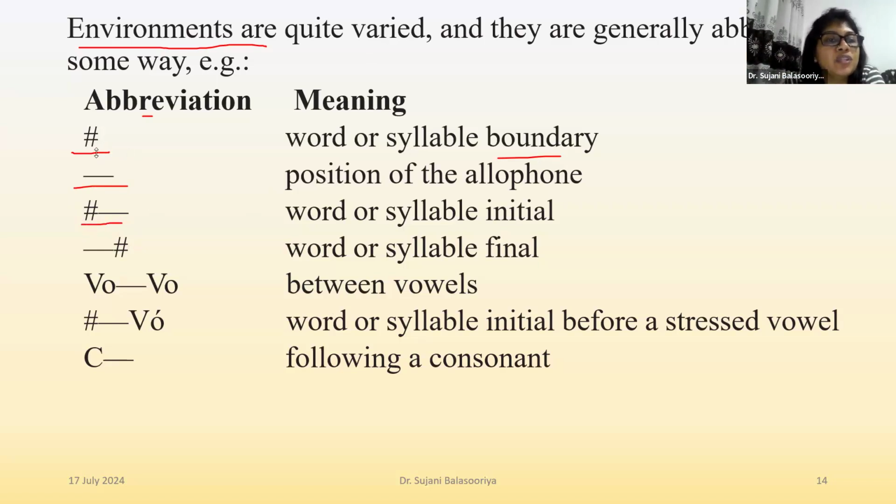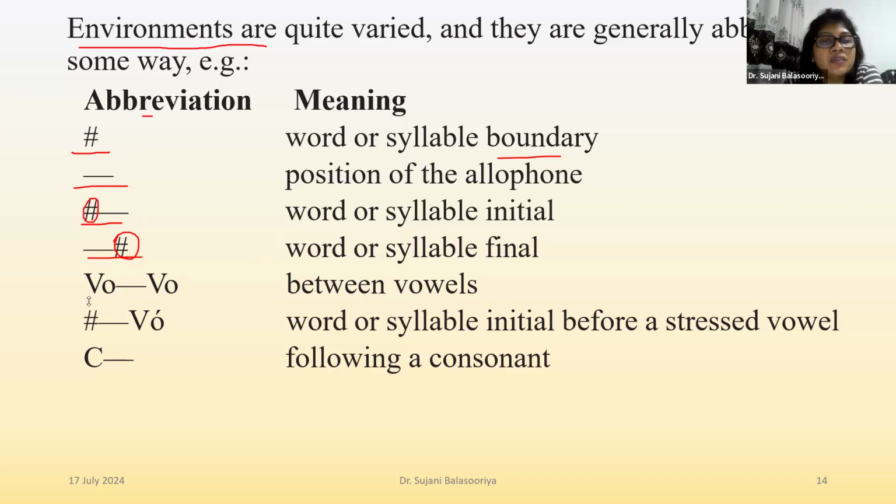If the boundary symbol is preceded by this single line, it means the word or syllable final position, because the boundary marks the end. And this is the beginning of the word.